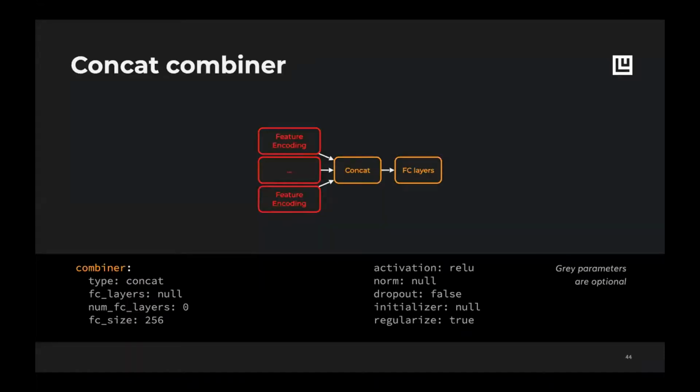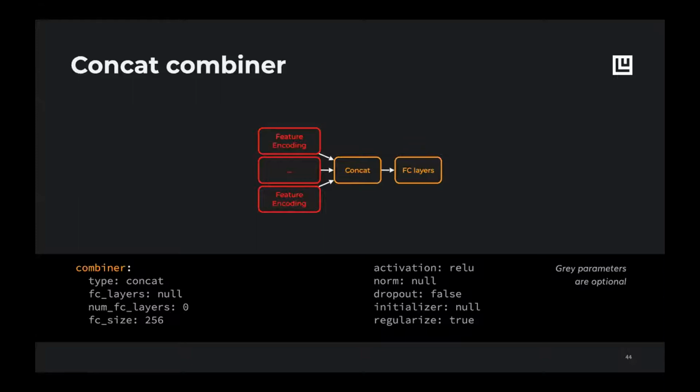What happens when you have more than one input feature? Well, what you can do is, by default, Ludwig has this concept of combiners, which is a way to take all the information from the different input features, combine them somehow, and provide one output for the decoders to generate some output. The most simple combiner that Ludwig allows you to use, and also the default one, is this concat combiner.